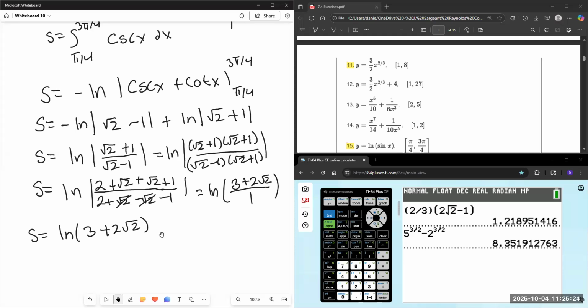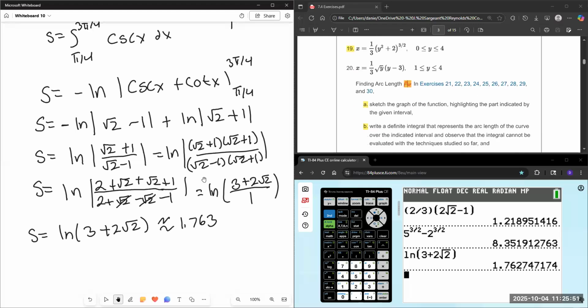So let's go ahead and approximate this now. Ln of 3 plus 2 square roots 2 is 1.763.